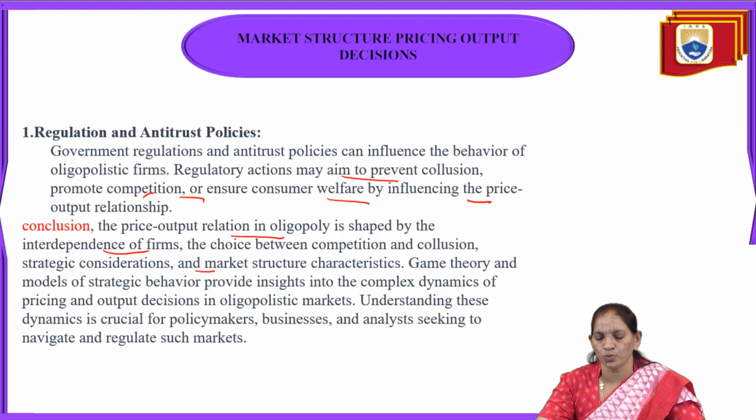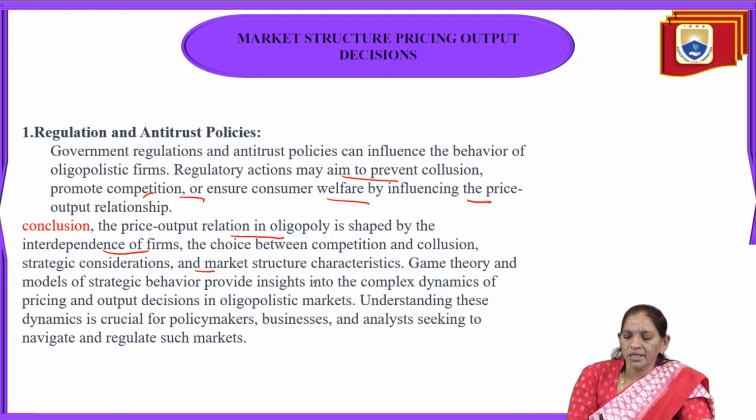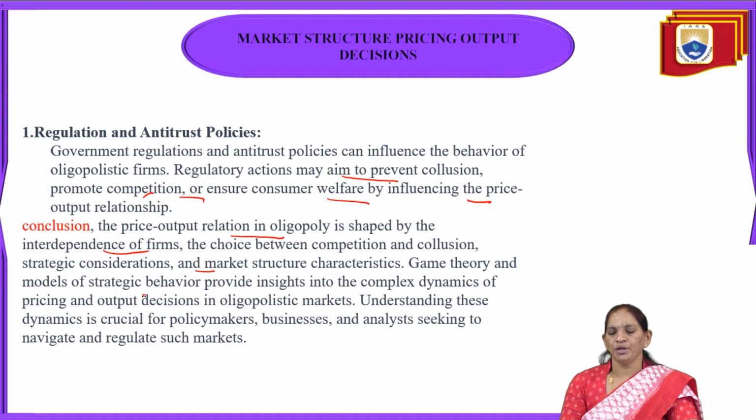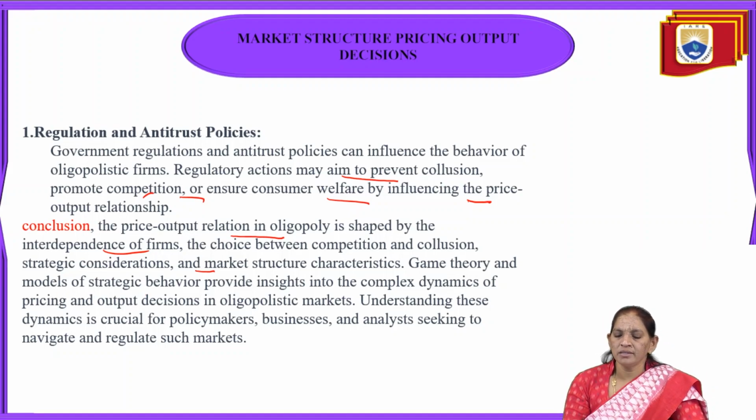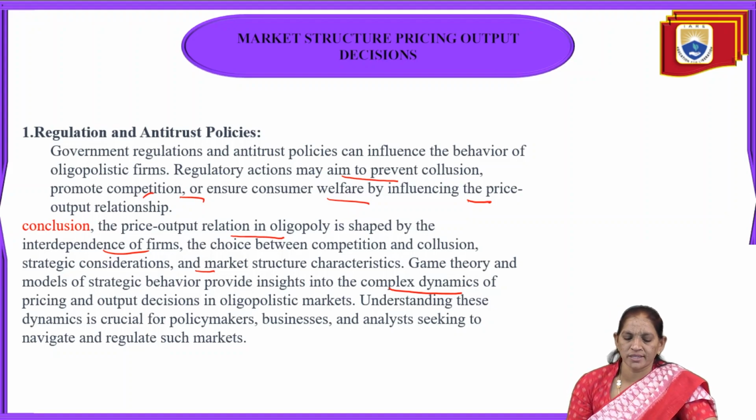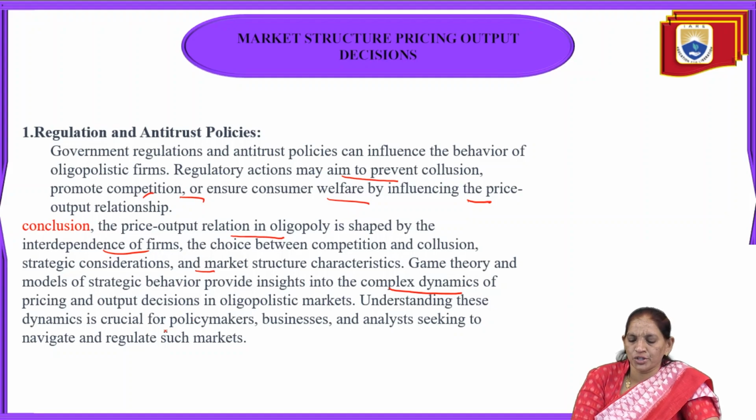So interdependence will be there, along with market structure characteristics. Game theory and models of strategic behavior provide insight into the complex dynamics of pricing and output decisions. The different types of models provided for oligopoly price and output decisions reveal complex pricing dynamics.